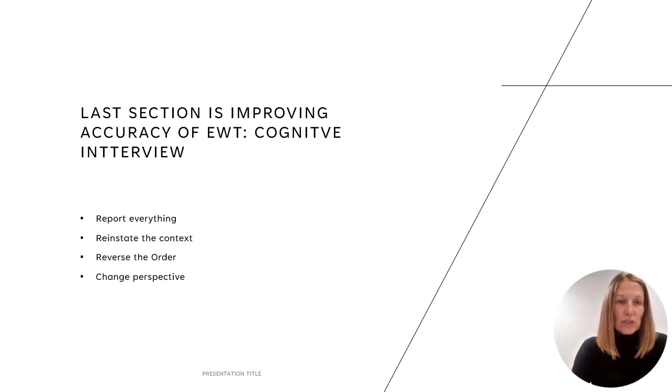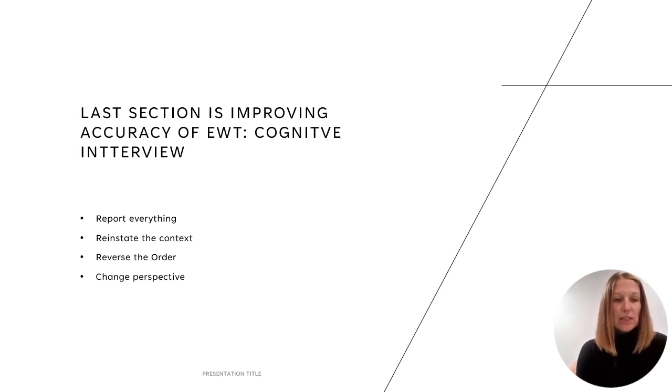The cognitive interview is used to improve eyewitness recall of an event that they might have seen, and that's based on the research that we've looked at throughout memory, particularly avoiding leading questions and cues, and all of those things can help with the cognitive interview.